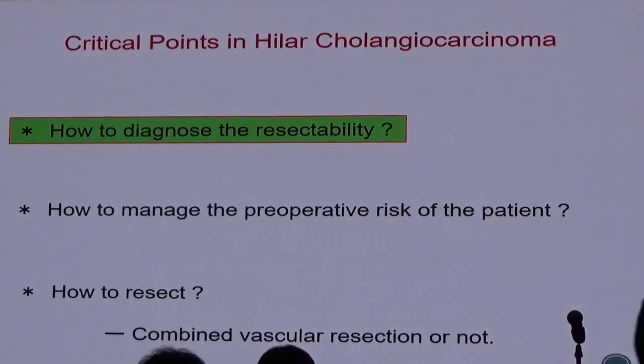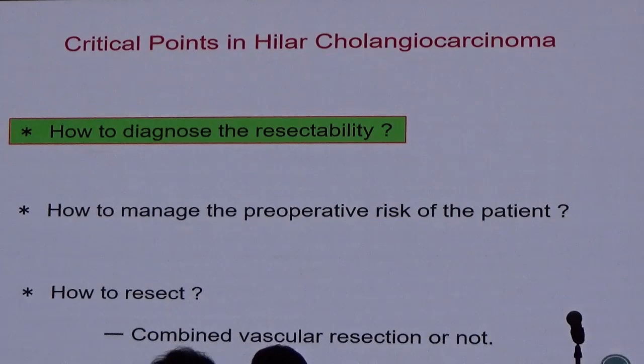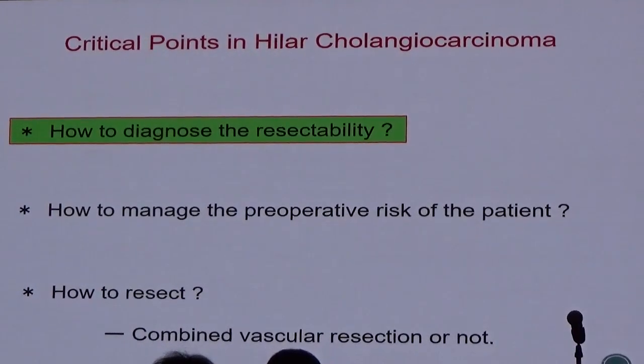First one is how to diagnose the resectability. And the second, how to manage the preoperative risk of the patient with hilar cholangiocarcinoma. And lastly, I will talk about how to resect a very locally advanced hilar cholangiocarcinoma which needs combined vascular resection and reconstruction.